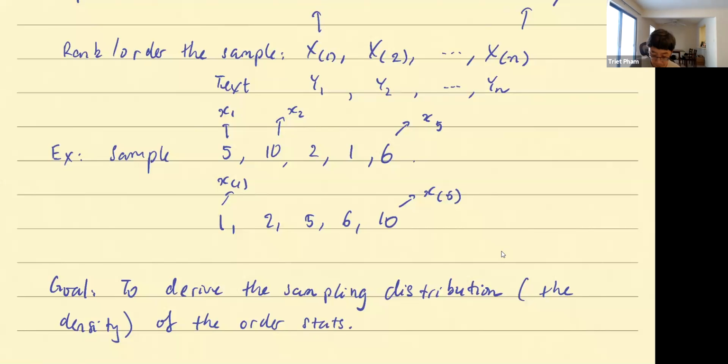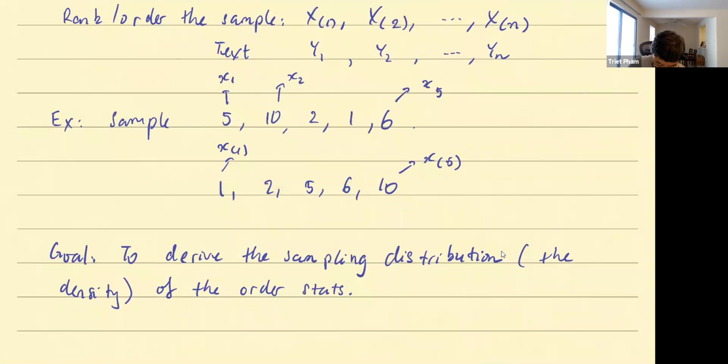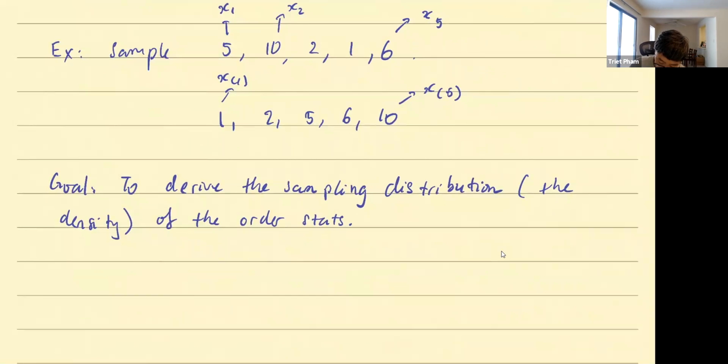Let's kind of play around with this idea a little bit in terms of population distribution. First of all, what's the use of order stats?